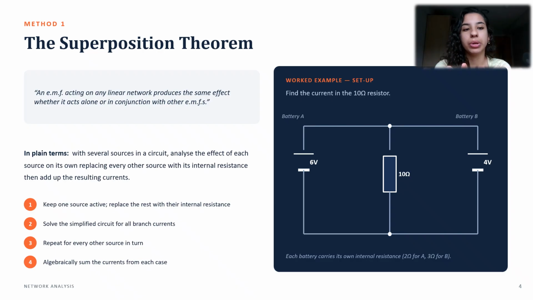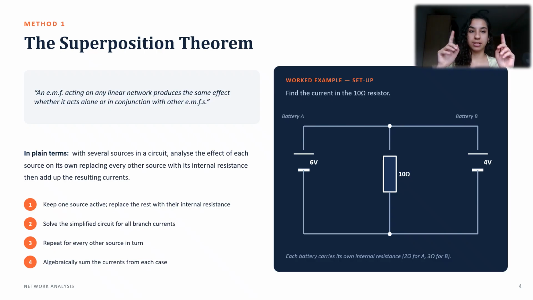First of all, we remove battery B. We keep battery A, the resistor and the node, and solve for the current going through. Then we do the opposite. We remove battery A and place back battery B. We solve for it again. And then we sum up all the currents from each case.